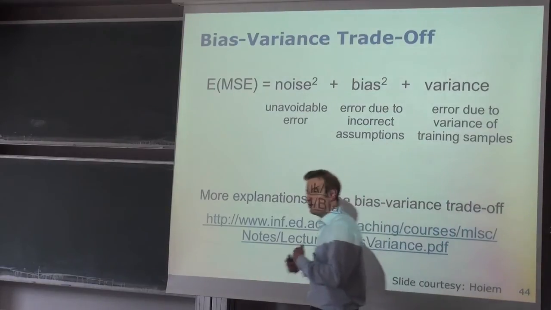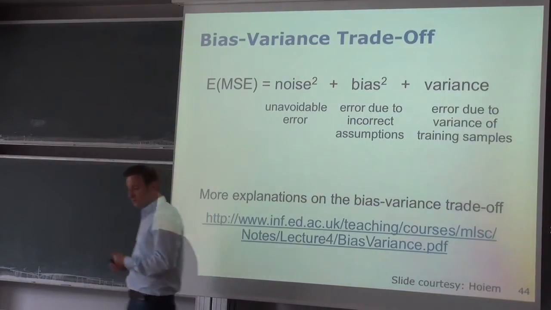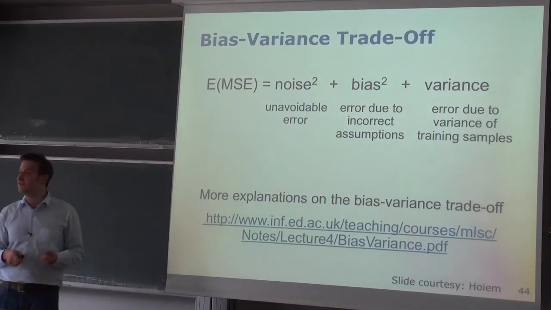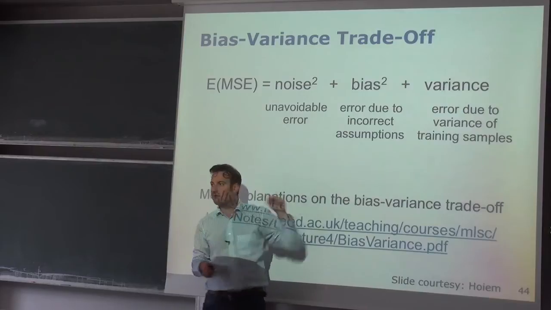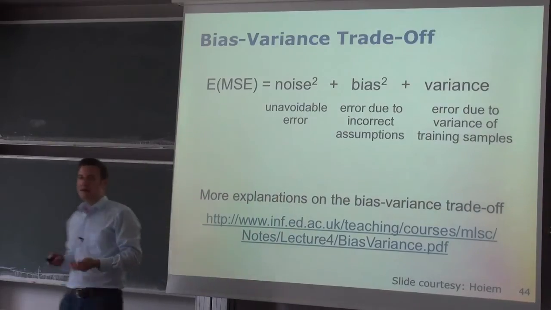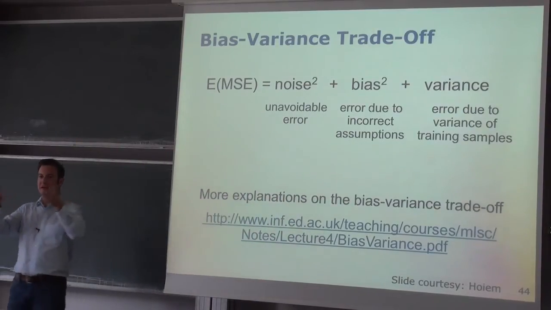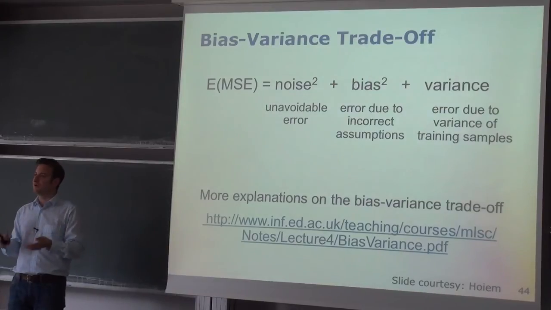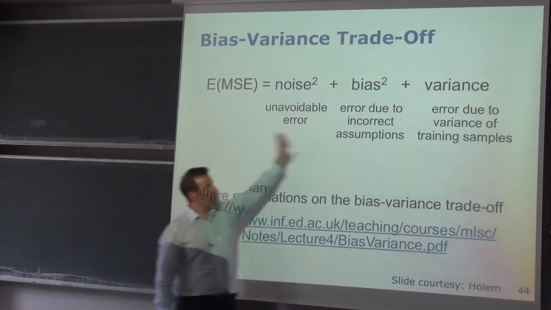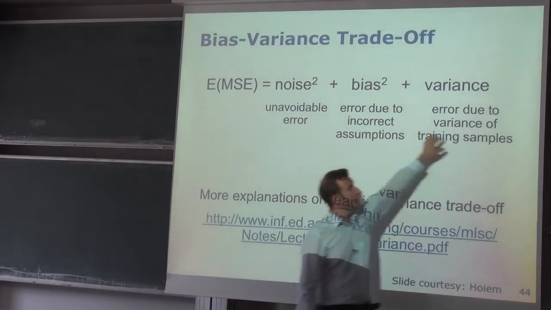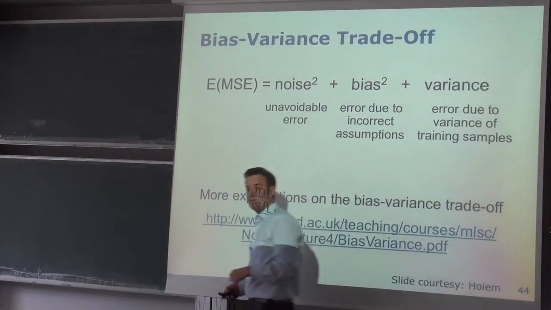Or I have too many assumptions in there, I'm too simple, and this introduces a bias. And the third term is what's called noise, or the unavoidable error that I, of course, may have. For example, if I take an image, my sensor has a certain amount of noise. I can't get rid of that noise. These are those 3 elements. I can't do anything about this, but I want to get the others as small as possible.